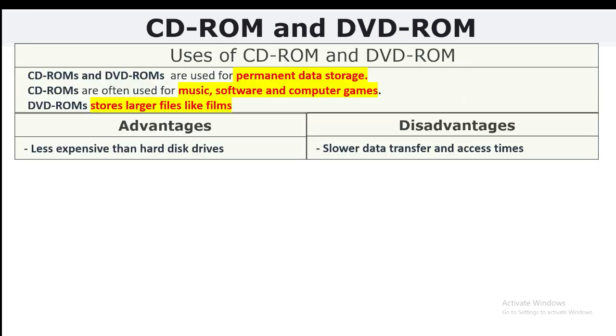Now, they are basically used to store files of data permanently. So for music, software, computer games, and any large files that you want to record. Some advantages of this is that they are less expensive than hard disk drives, and then the disadvantage is that they have a slower data transfer and access rate.